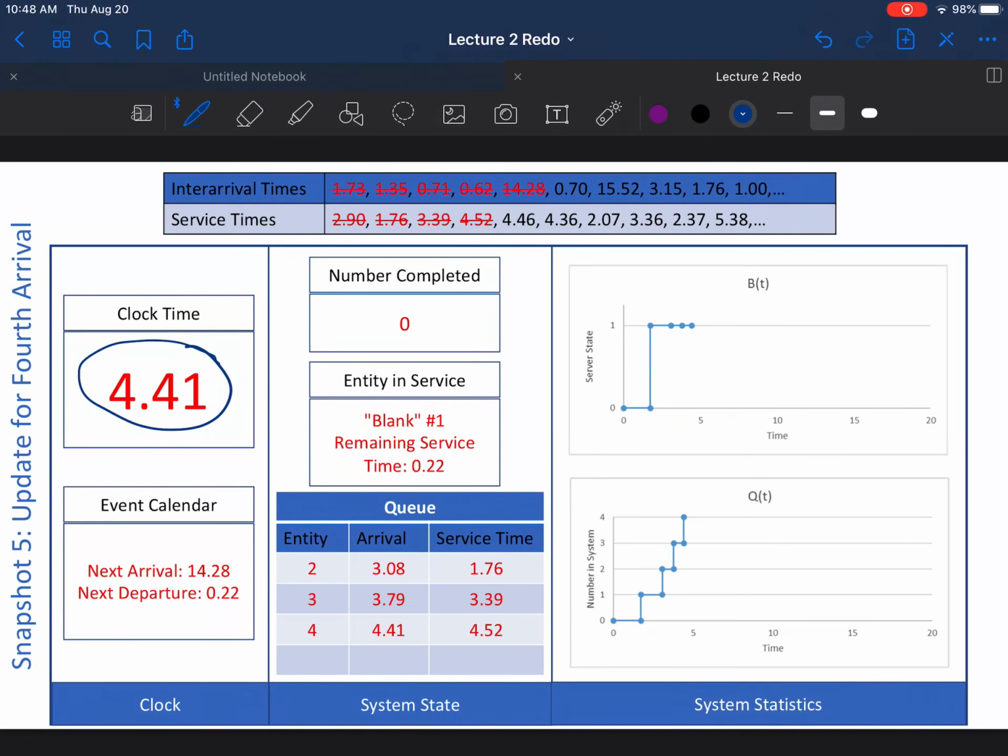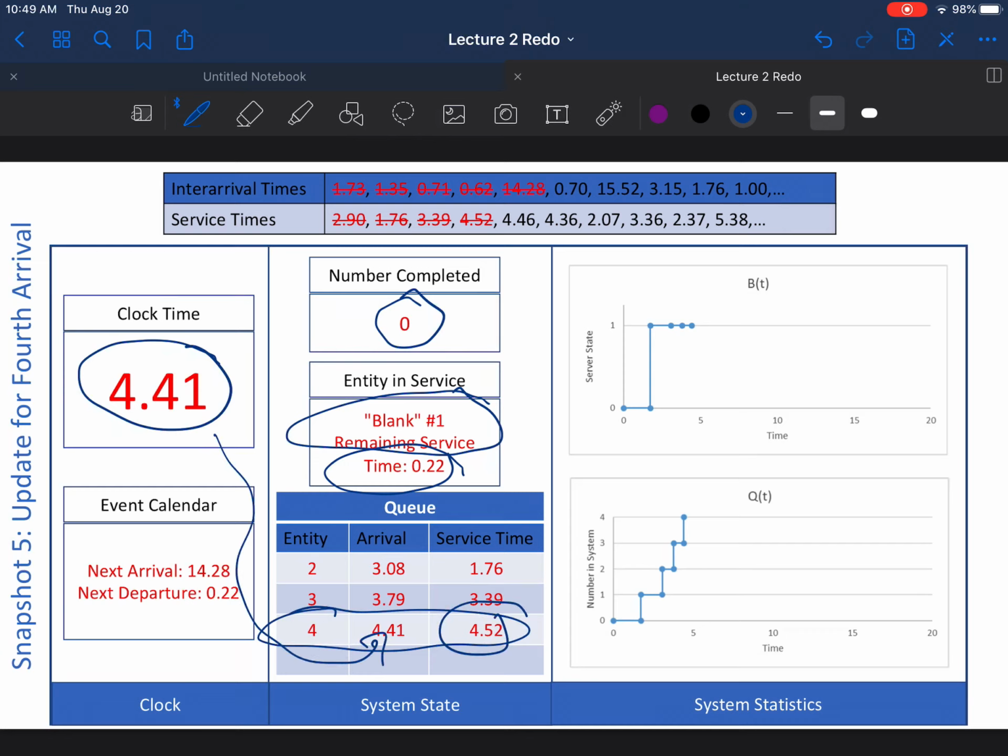The update, again going in order: there's still 0 completed because blank number 1 is still in service, but now the time is reduced by 0.62 to 0.22. There's a 4th entity now in the queue. It arrived at this time point. It has this service time from up here. Again, the system is still busy at this time of 4.41.